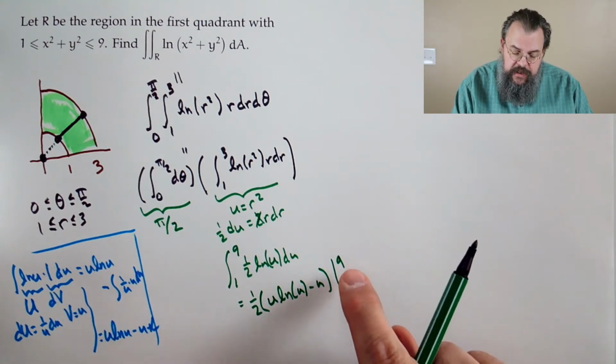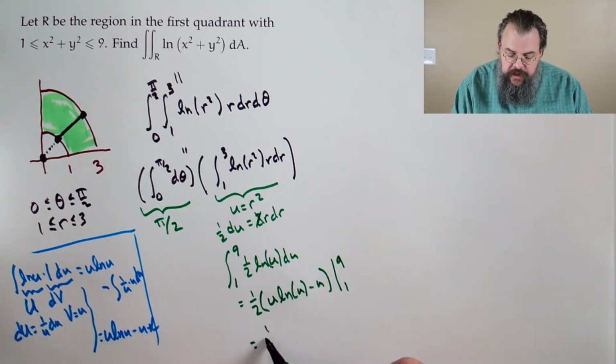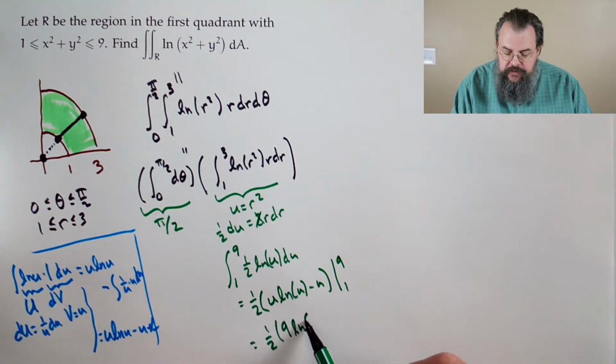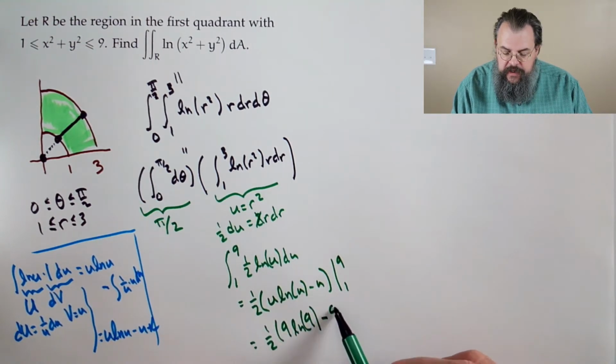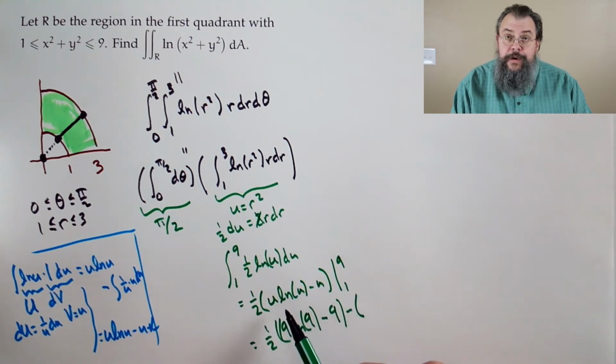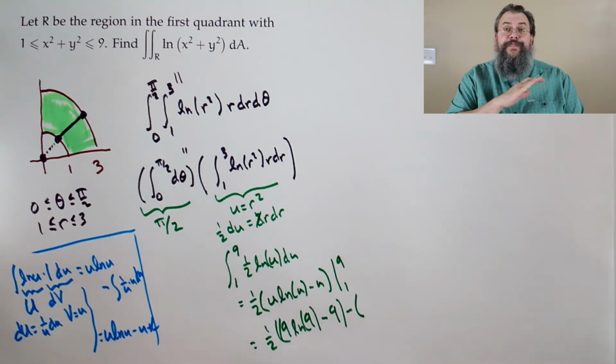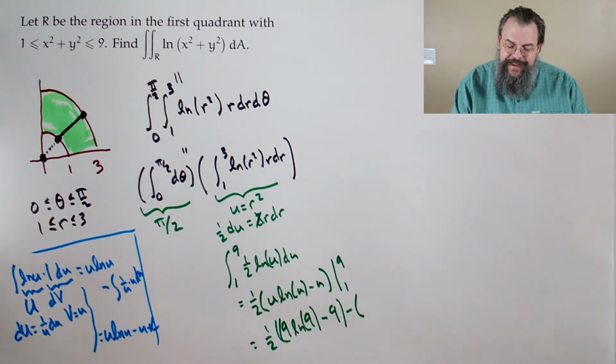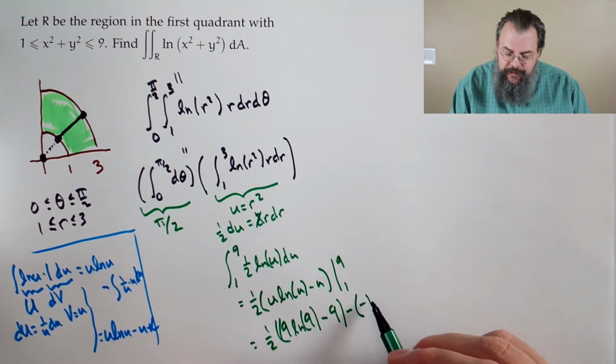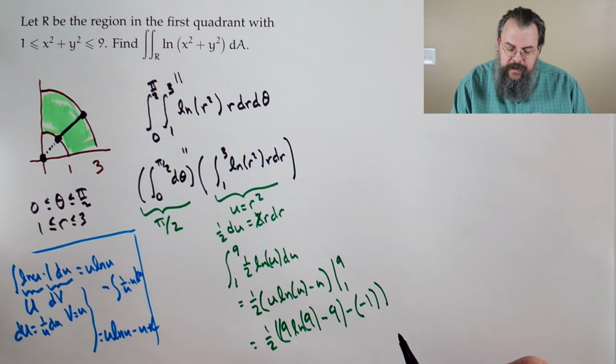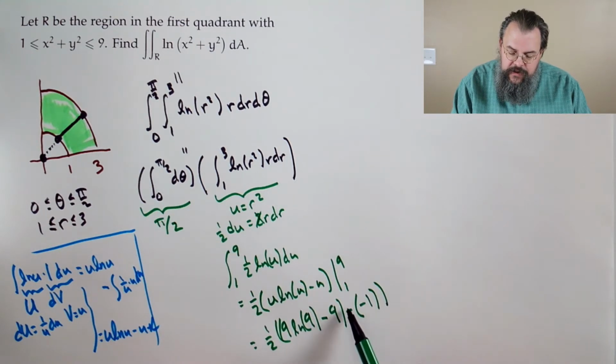Okay, when you plug in 9, well, that's a half, and then you have 9 log of 9, subtract 9. Then we're going to subtract, plug in 1. 1 times log of 1 is 0, because log of 1 is 0, so subtract a minus 1. And now, we're like, wow, that's great.